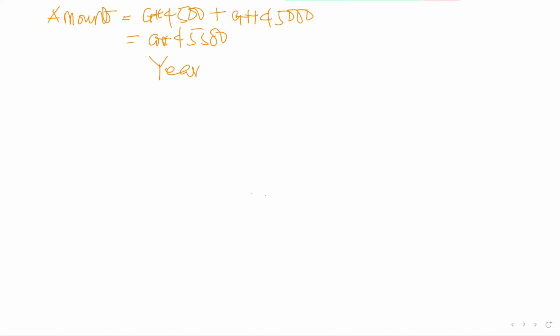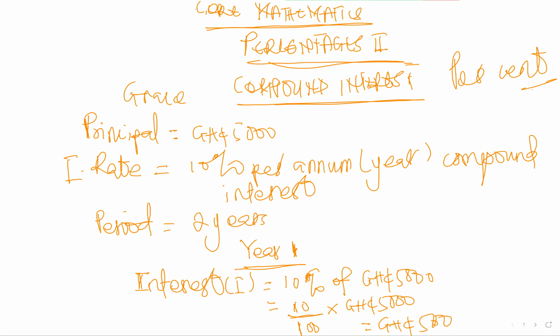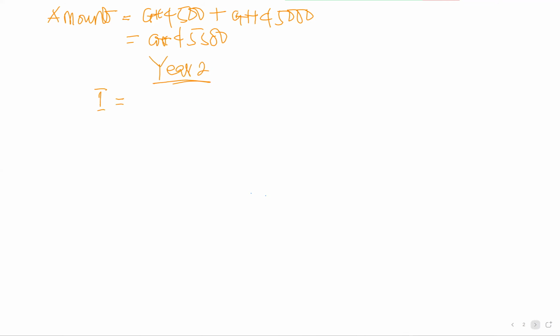I don't like how my handwriting is coming out. They are now going to calculate the interest as a percentage of your capital. Remember, the bank's rate is what? 10%, right? So year two is going to be 10 over 100 times her principal. Bear with me with the handwriting.